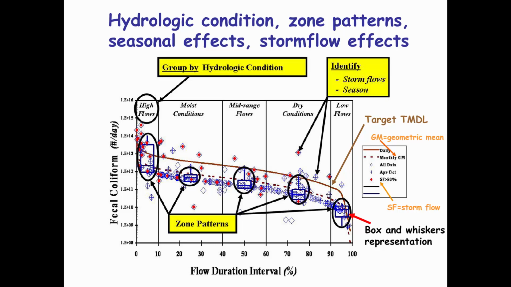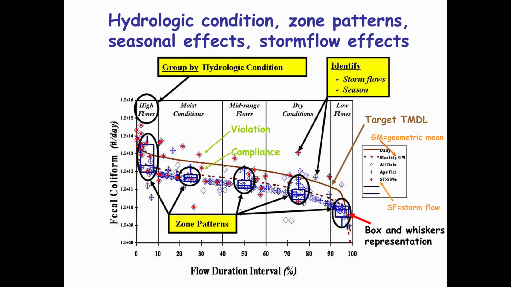The ones with the red diamond on the inside are ones in which it was estimated that storm flow was greater than 50% of the total flow in the stream at the time. And we can see that many of the data points that have the red diamond on the inside are the ones that are above the target load duration curve.